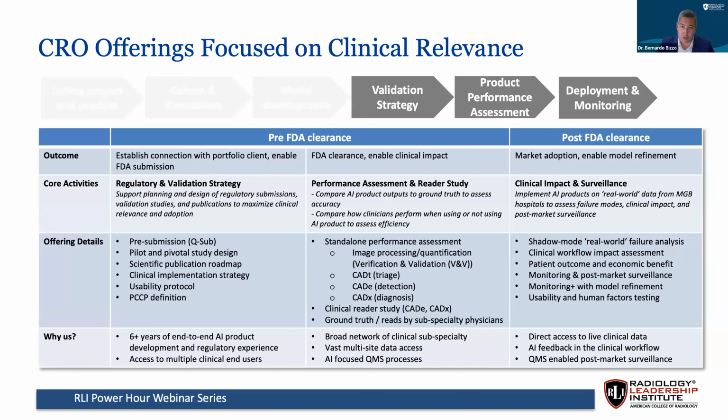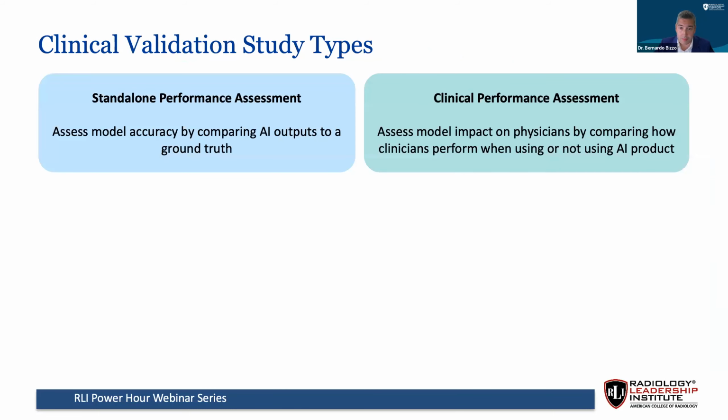That's when we expose these products to prospective data from ImageB for post-market surveillance and clinical impact assessment, so we can identify failure modes. If needed, we can bring models back to our development shop and improve them, and more importantly, assess the impact of these tools on the clinical workflow and on patient outcomes.